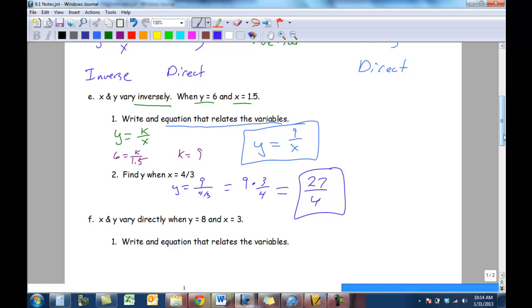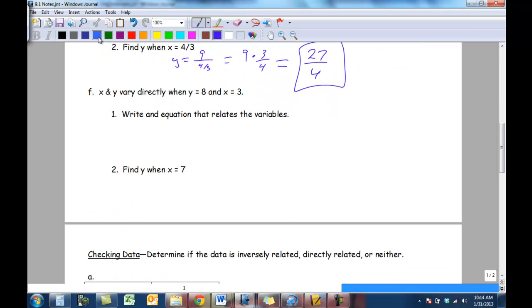Now, another example of this is when x and y vary directly. Directly, y is equal to kx. So, again, they give us x and y. They don't give us k. Go ahead and find k. Hopefully you found k to be 8/3.